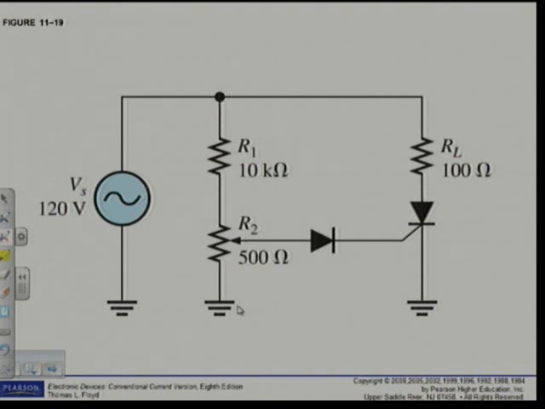All right. Here they give us a circuit. The supply voltage or the source voltage is 120 volts. R1 is a 10 kilo ohm, R2 is a 500 ohm variable resistor, and the load resistance is also 100 ohm. Alright, now first of all, they want the load current, they want IL.